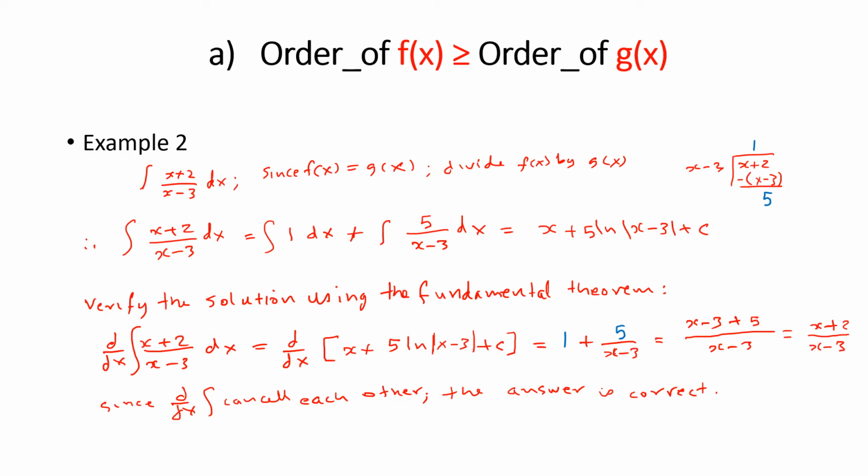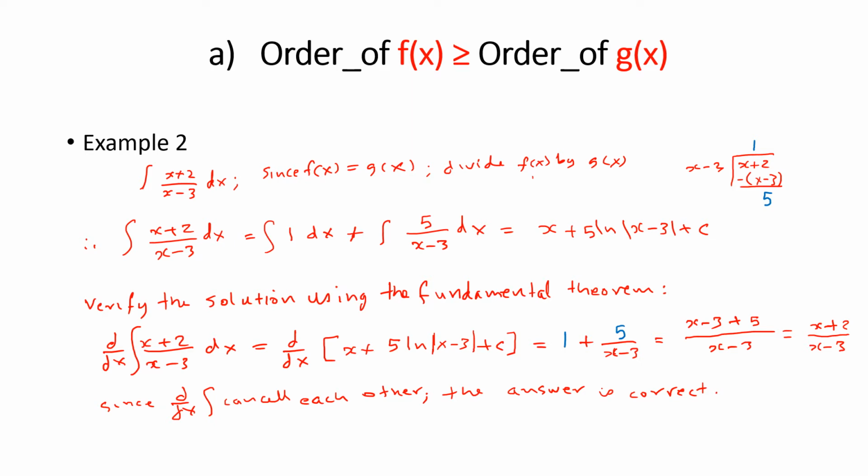So one more time, we said if we have the integration of x plus 2 divided by x minus 3, since the order of the denominator is the same as the order of the numerator, that is f of x equal to g of x in order, then we have to divide f of x by g of x.